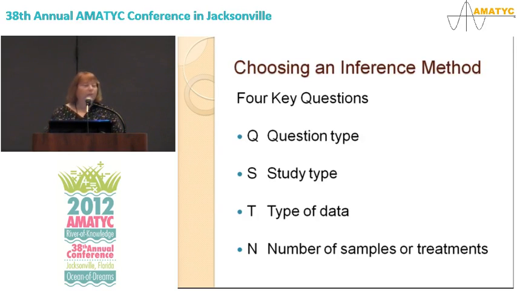I started with 5 questions, but I didn't get a nice acronym with that, so I ended up with 4 questions because I wanted something that students could remember. And to say, here are 4 things that I want you to think about before you even start a problem. And now we actually talk about all these 4 things and practice answering these questions before we look at any statistical inference methods, because you don't really need the methods yet to be able to answer these questions.